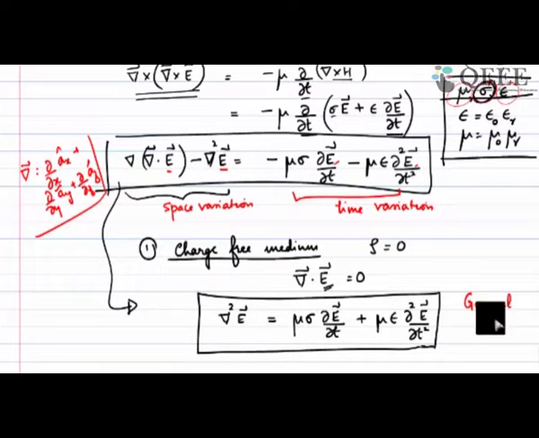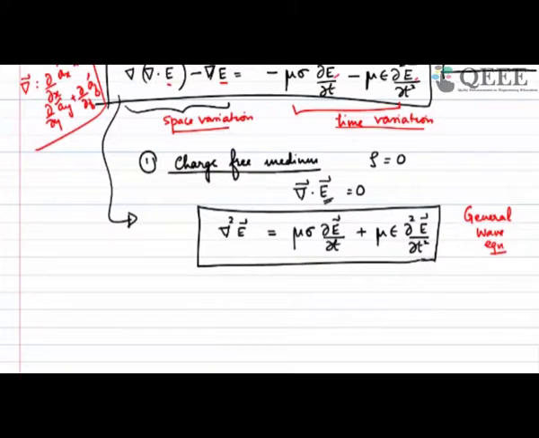We call it a wave equation because ultimately the solution will turn out to be a wave, because there is a space variation and the space variation is related to the time variation. It is not that I have some oscillation in time independent of what is happening in space. There is an oscillation in time and a variation in space, and both are related to each other through this equation. So, this is my general wave equation.